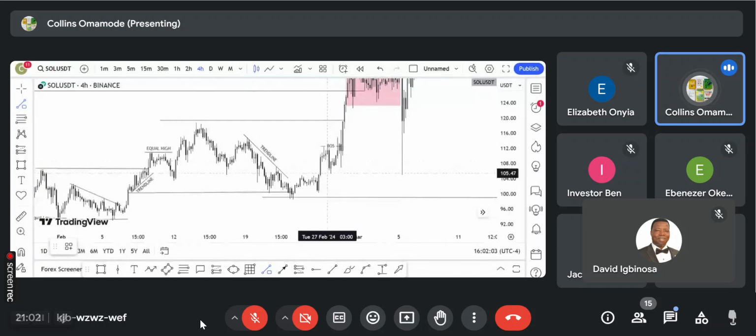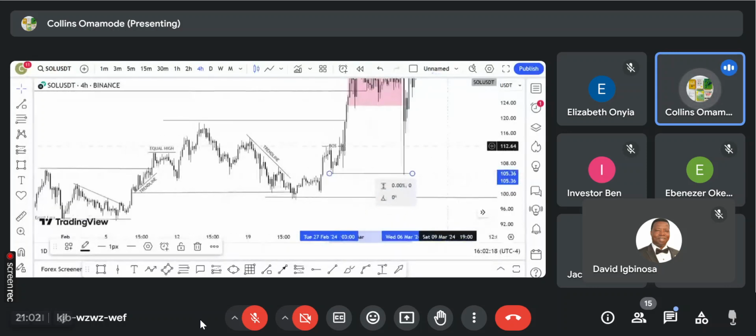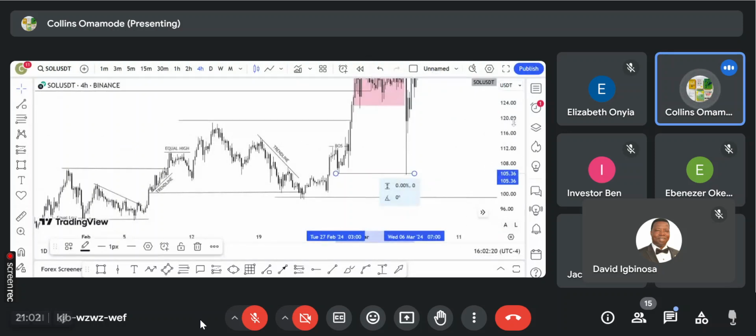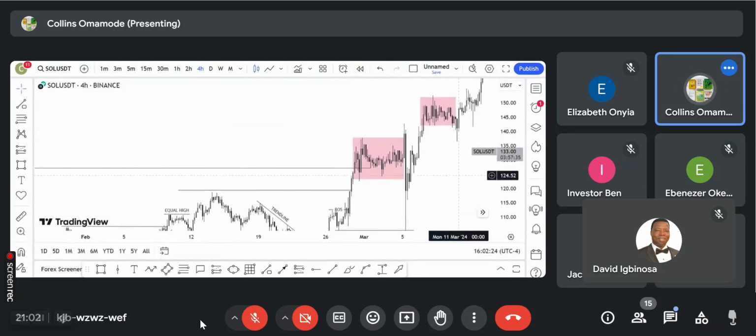Do you notice that price came to take the low as external, that is structural liquidity? Are you seeing the way price took out that low and immediately started buying massively? After it took out liquidity, that is when price started buying massively.